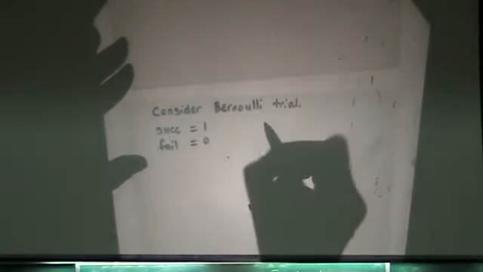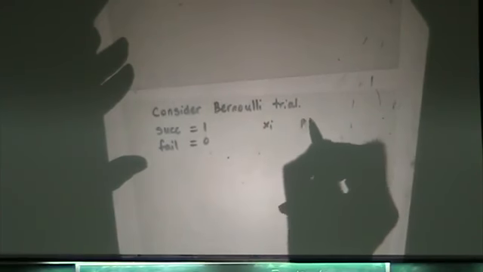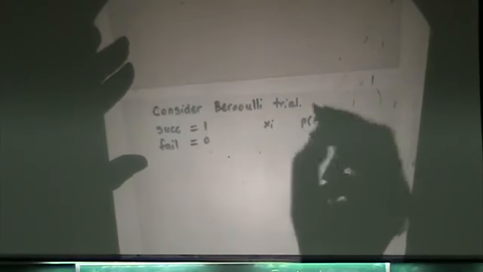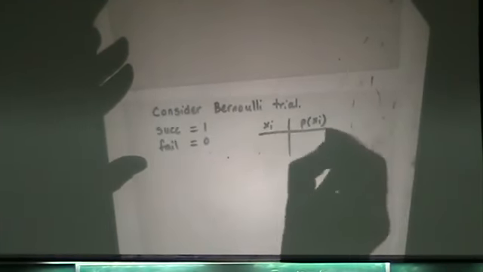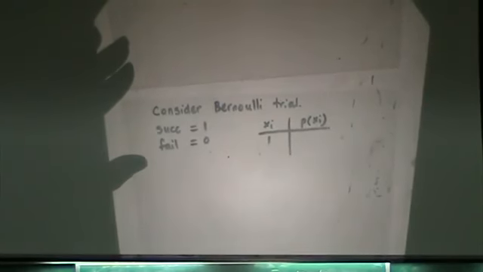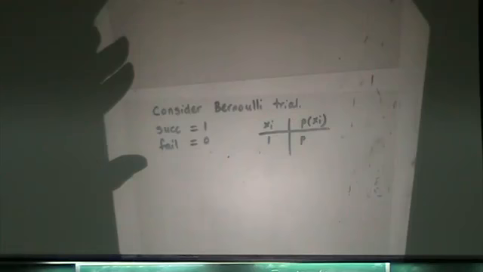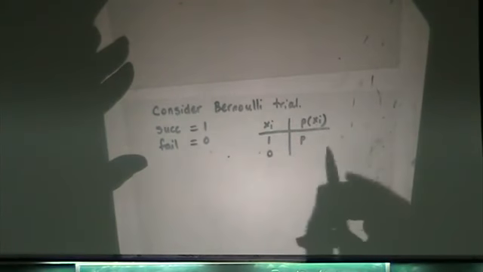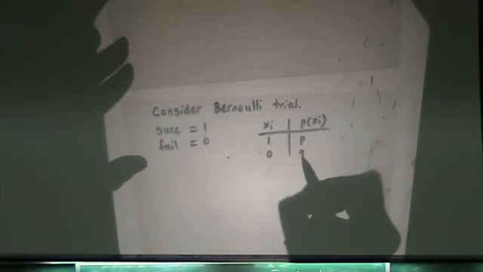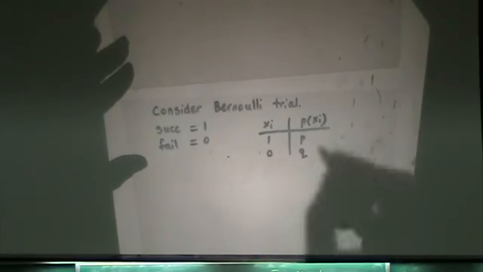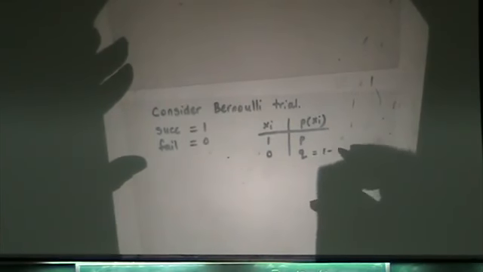Could I not write this variable like this? Success with probability p and failure with probability q, which is equal to 1 minus p.